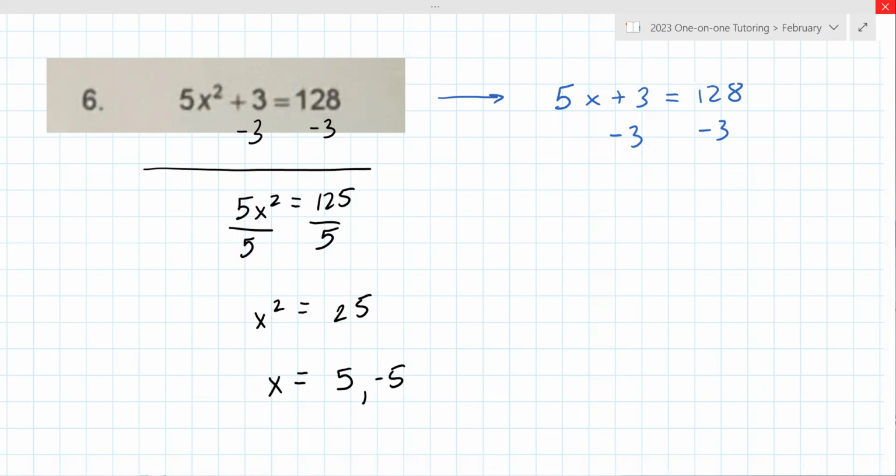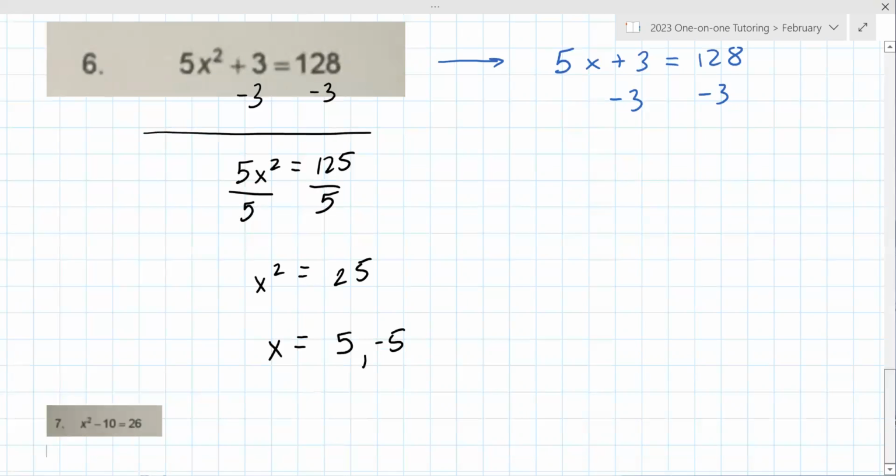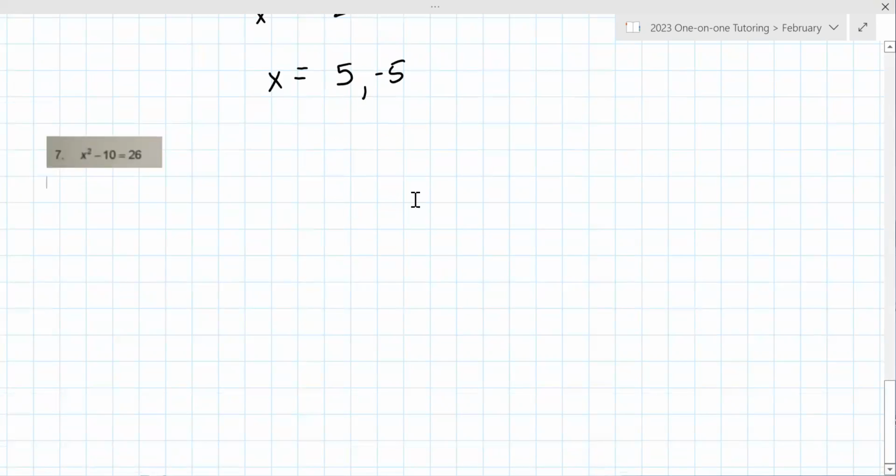All right, we will go back to 5, but not yet. Let's have you look at 7.